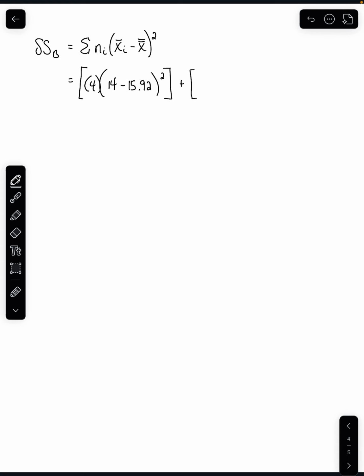We then do that again for the second sample. The second sample, there were 5 data values. The second sample's mean was 17 minus the grand mean of 15.92 squared.